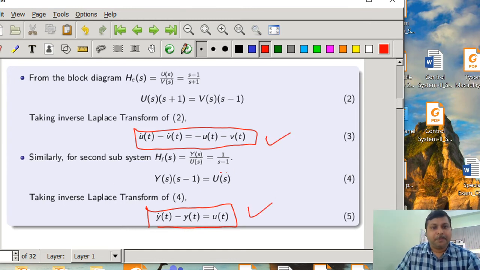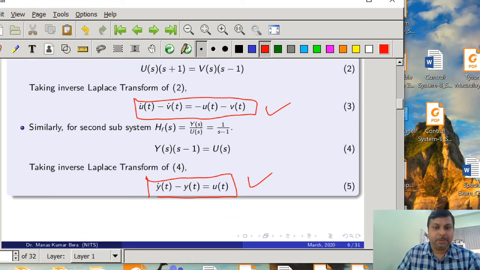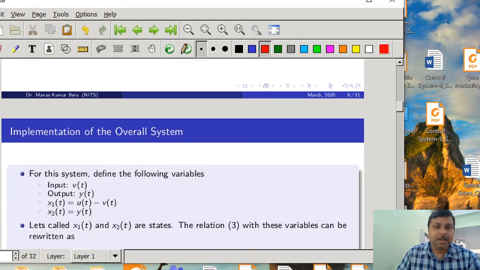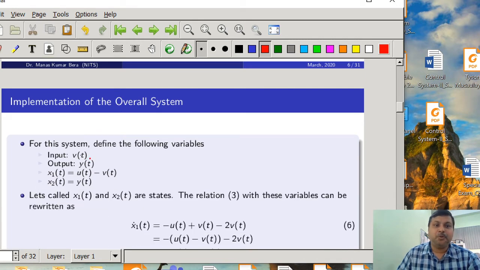Now to represent these two time domain equations in a more compact form, we will define some variables. We know that for this system, input is v(t) and output is y(t). Along with that, I am giving names to the following variables.